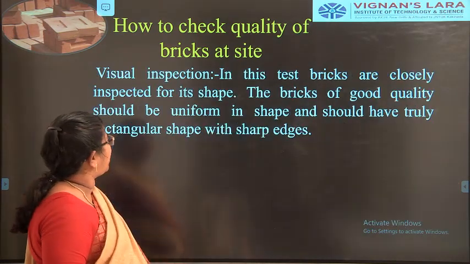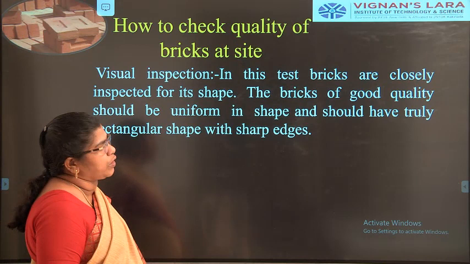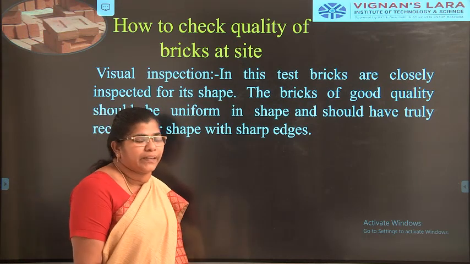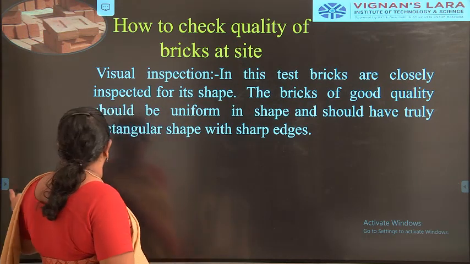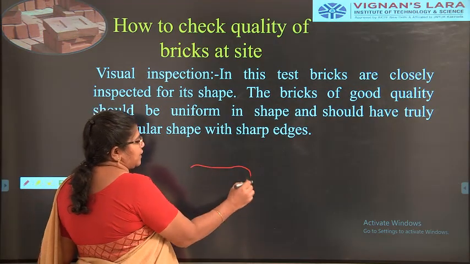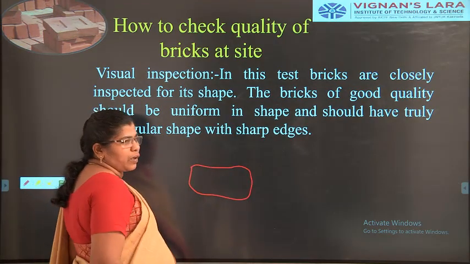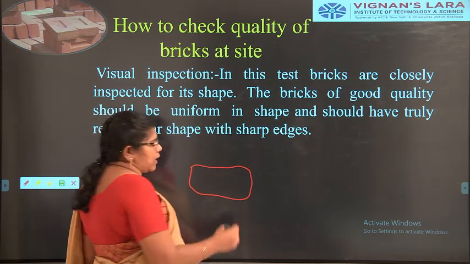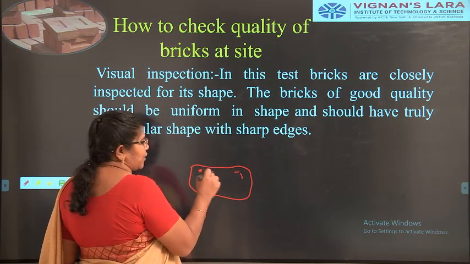The second one is the visual inspection. Looking at a brick, we can know whether it has many pores. If the brick is like this, with distortion or pores, we will not use it. Similarly, if there are white patches or pebbles like this, we will not use it.